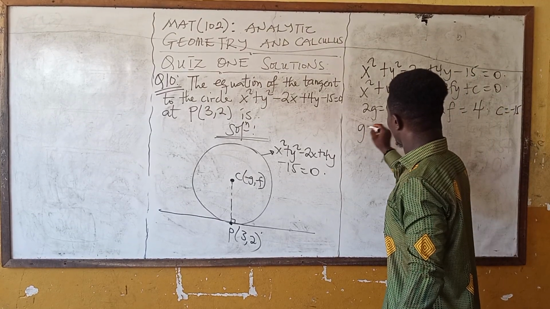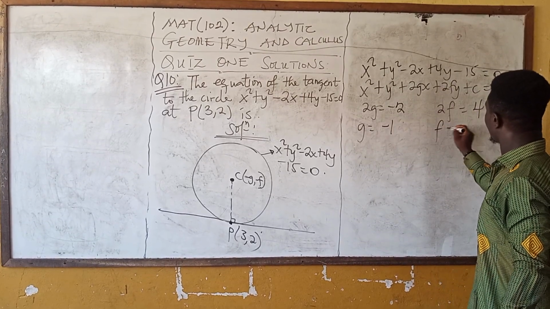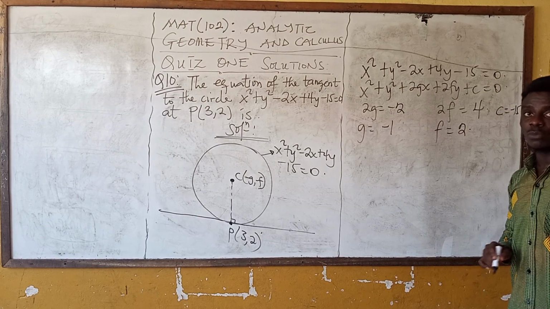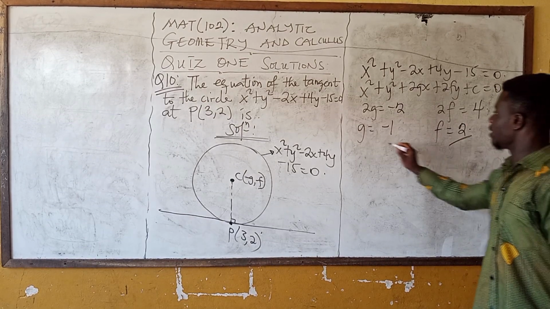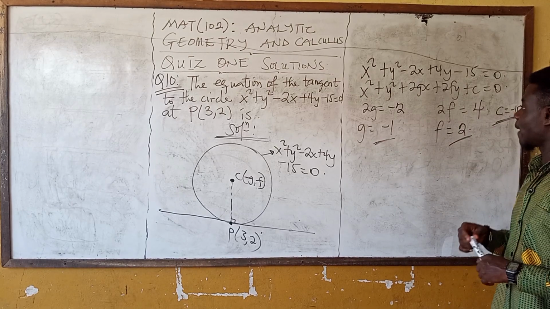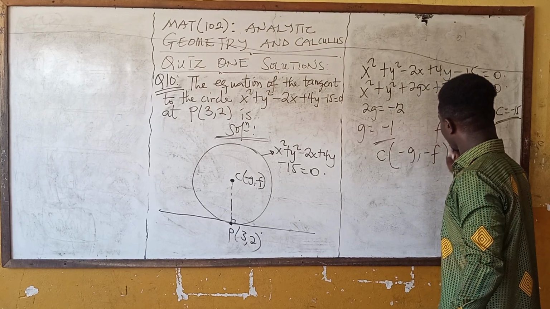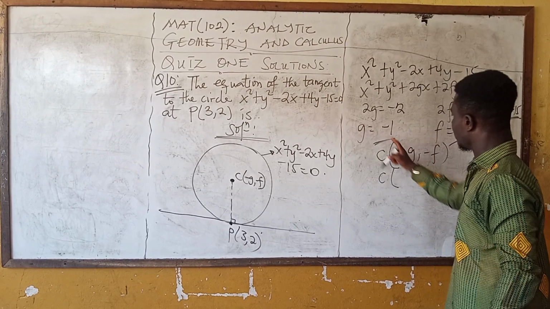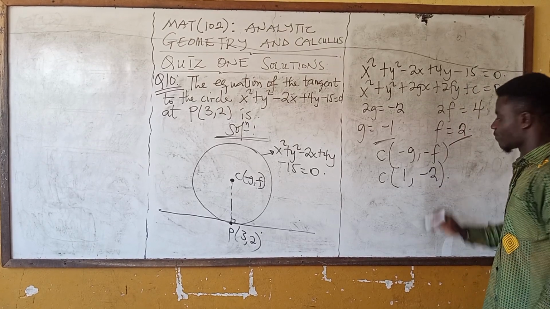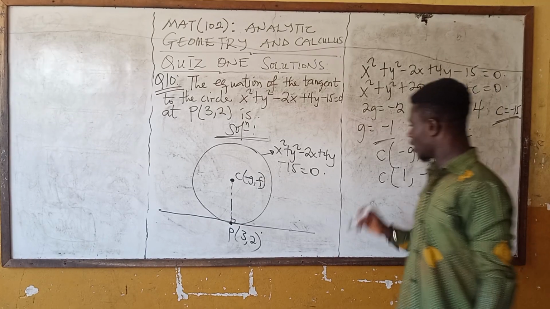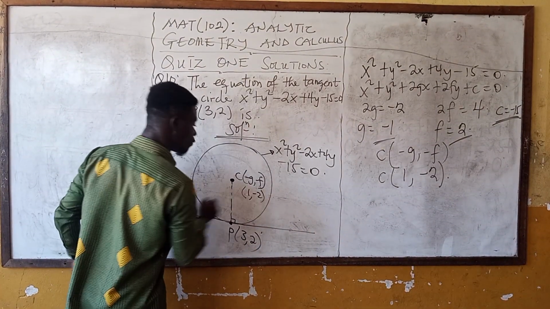So g, dividing both sides by 2, is negative 1. f being equal to 2, dividing both sides by 2, f equals 2. And still our c is negative 15. Now our center, which is (minus g, minus f), is (minus negative 1, minus 2). So our center is (1, negative 2).